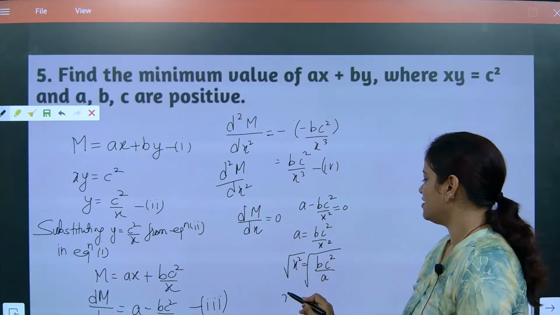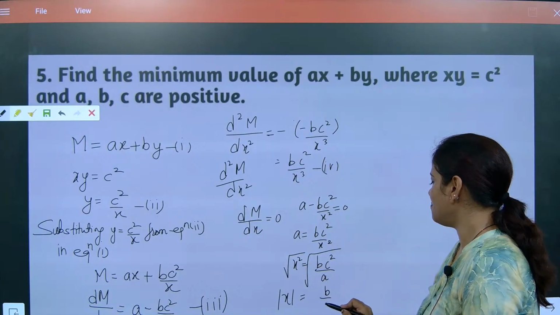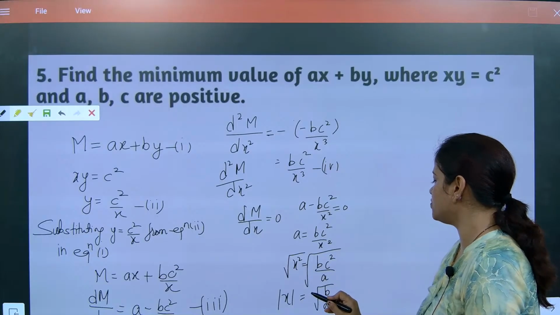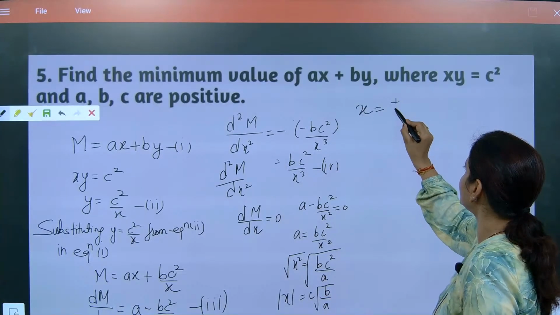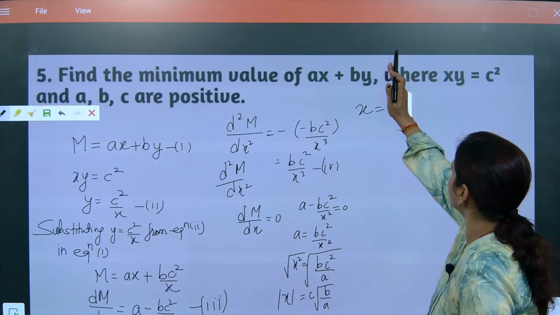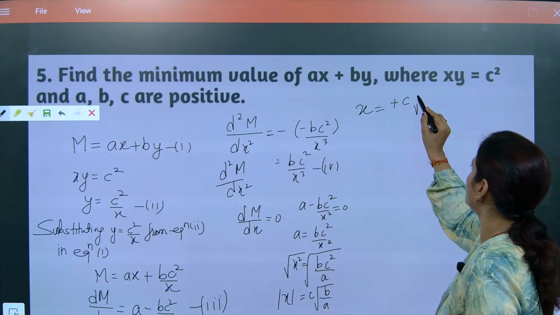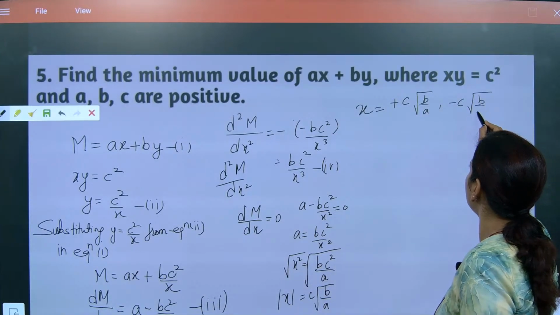Very nice. Then modulus of x is equal to b by a root c outside. That means x will have two values. One time plus c root b by a, one time minus c root b by a.